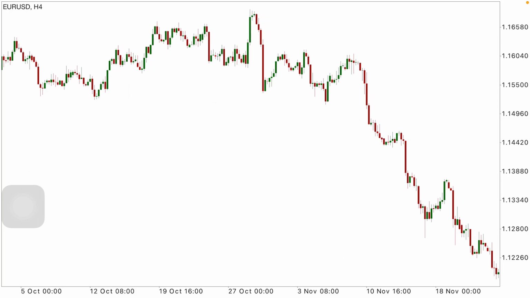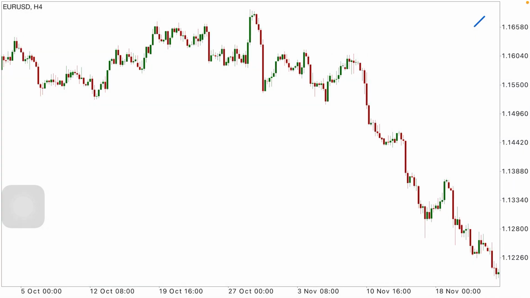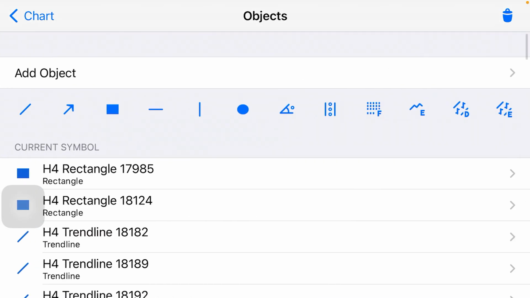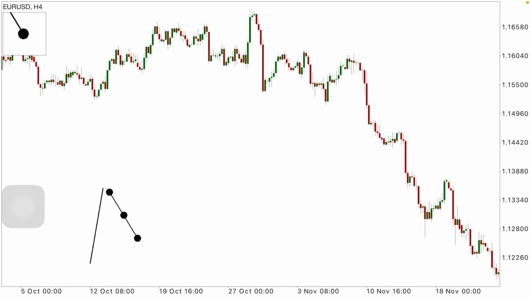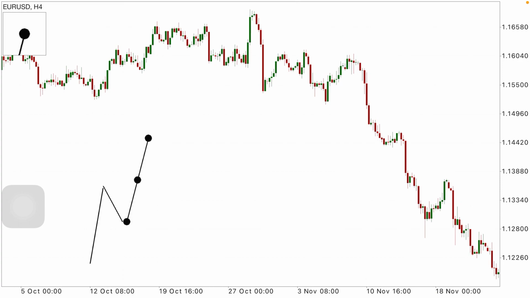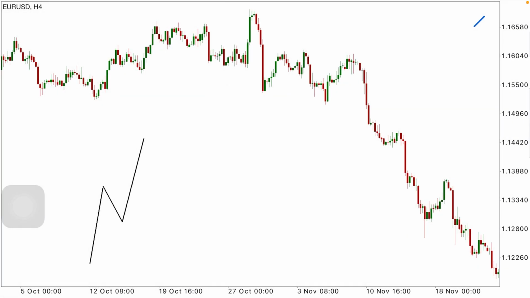Let me sketch the two types now so that you can understand what I mean. Here we want to look at the supply zone. You see the price making higher highs and higher lows, and now it comes to a certain point, and price will now form a base.